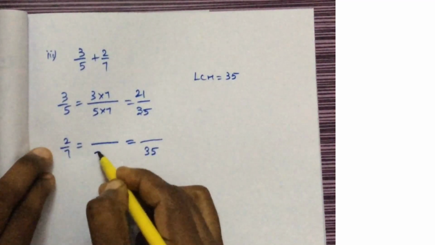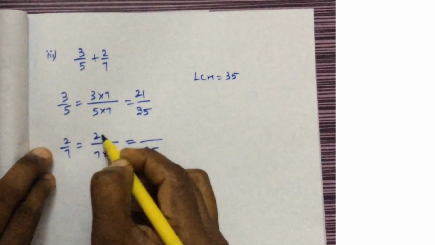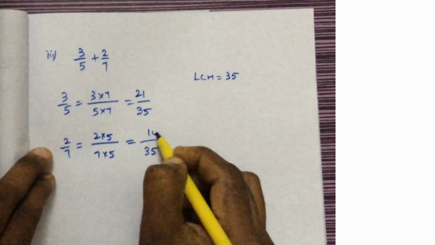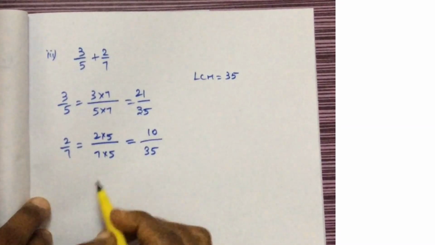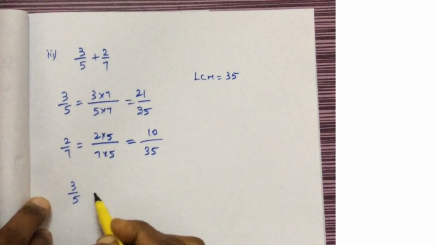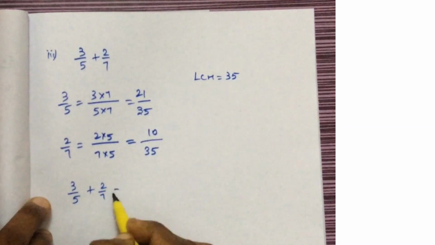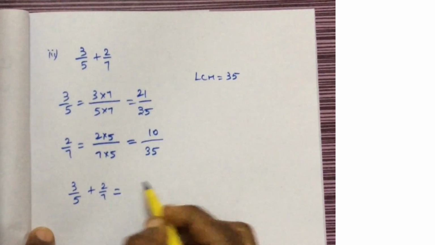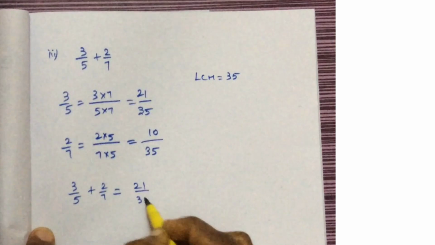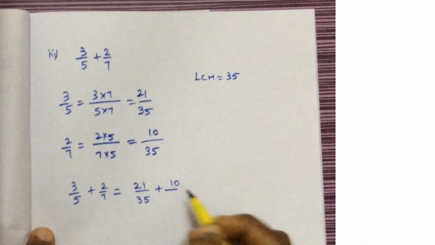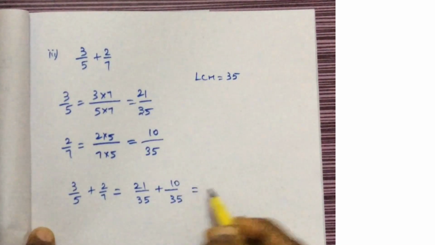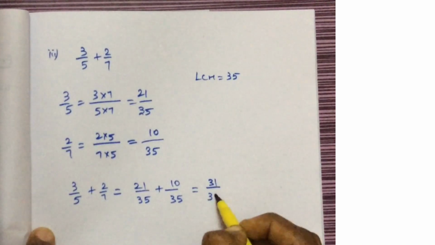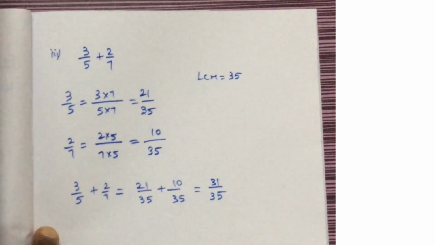So 7 multiplied by 5 and 2 multiplied by 5, which is 10 here. Now I want to add 3 by 5 plus 2 by 7, that is equal to, instead of this 3 by 5, I can do 21 by 35 plus 10 by 35, which is equal to 31 by 35. Okay.